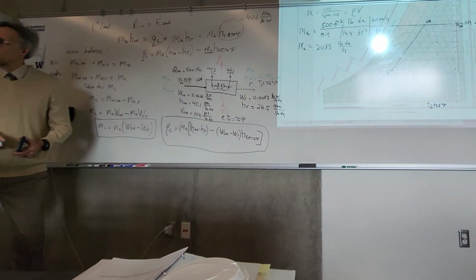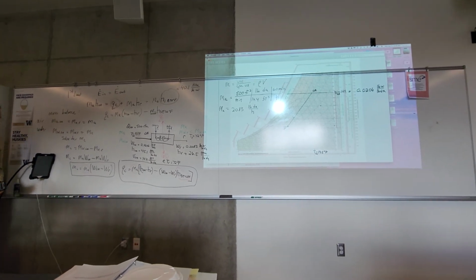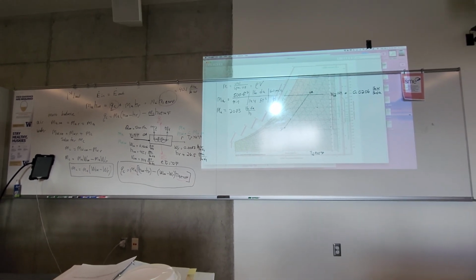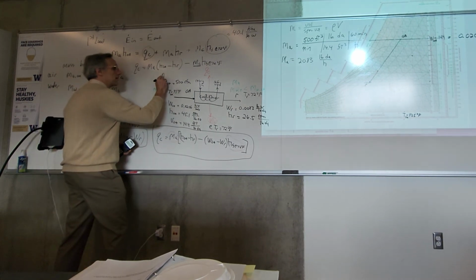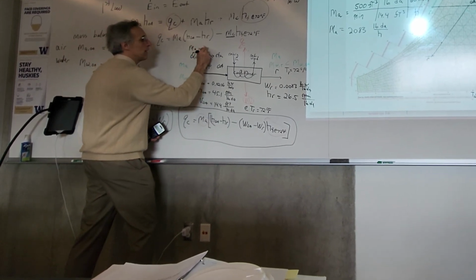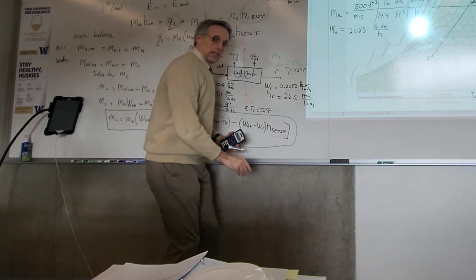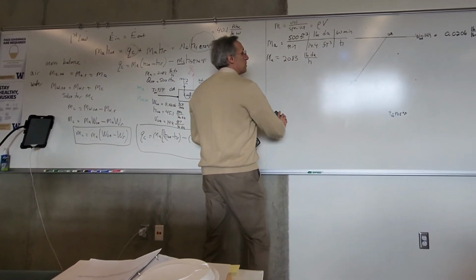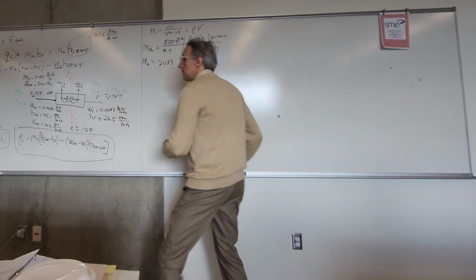Okay? Now we've got all of the variables. Plug everything in. So I'm going to go ahead and write the mass flow rate of the dry air is 2083 pounds of dry air per hour. And we'll open up some space here and finish out our calculation.